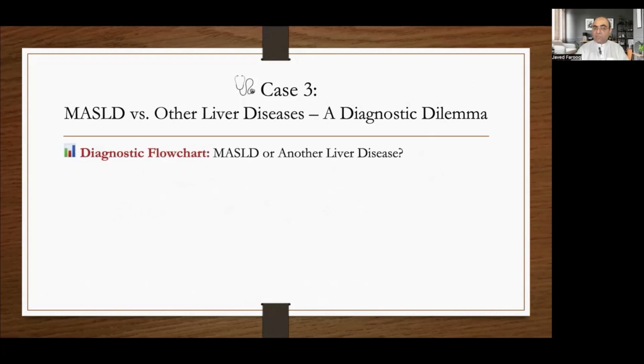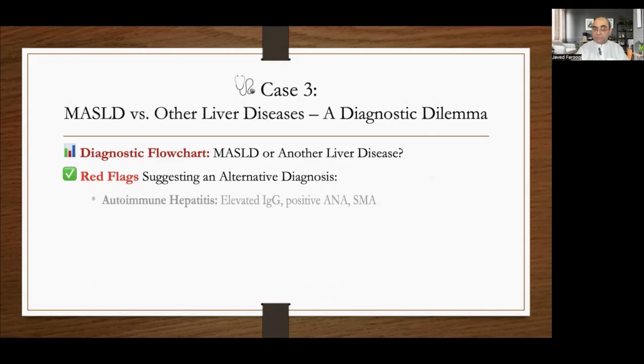The diagnostic flowchart for MASLD or any other liver disease: red flags which suggest an alternative diagnosis, like elevated IgG, positive ANA, or smooth muscle antibodies, may indicate autoimmune hepatitis.